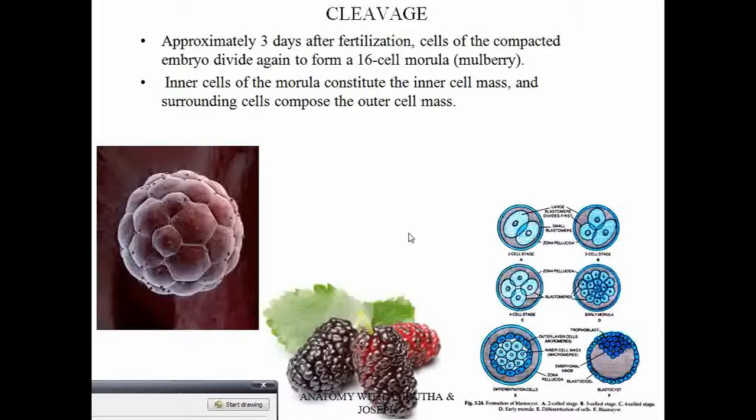Now inner cells of the morula constitute the inner cell mass, and surrounding cells compose the outer cell mass. After the morula formation, some cells are going to get arranged at the center, and they are called inner cell mass, while some cells are going to surround the inner cells, and they are called outer cell mass.